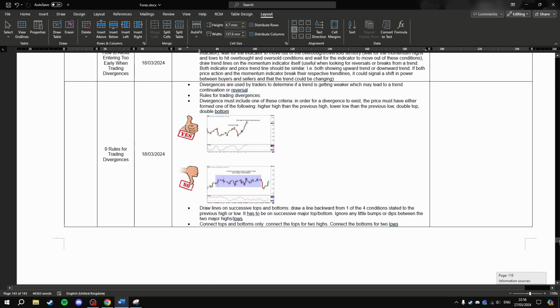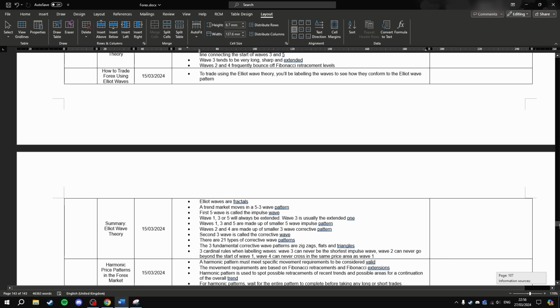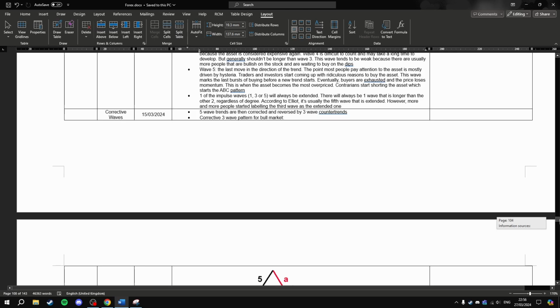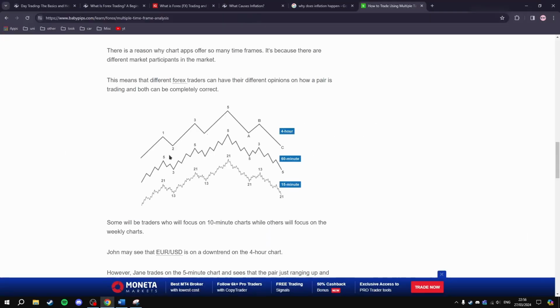Where's that lesson gone? Fractals, that's it, fractals. The 5-3 wave pattern. So each one of these is made up of smaller ones, and then each one of them is made up of smaller ones. So it's like repeating.